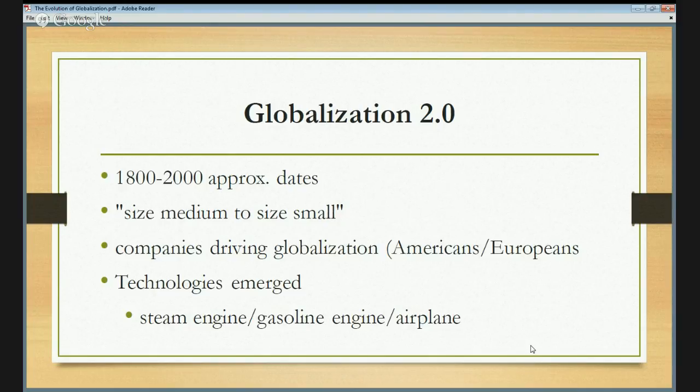And it changed globalization. We started importing vehicles, Japanese vehicles, German vehicles, the Volkswagen, Mercedes, BMWs, Volvos. Everything took form in what we got from around the world and how we could trade around the world as well.